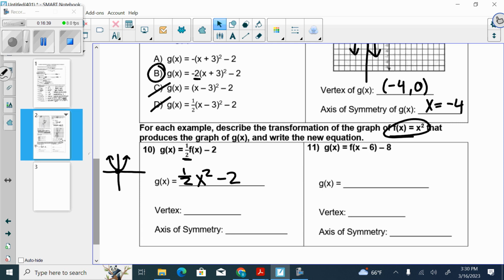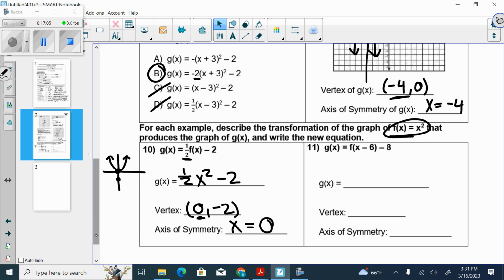So now, instead of being at 0, 0, I'm now at 0, what? -2. Okay, and remember, our axis of symmetry is x equals this number. Well, for us, x equals what? 0. Right? Look at your coordinate point.